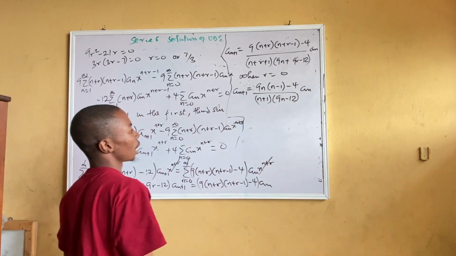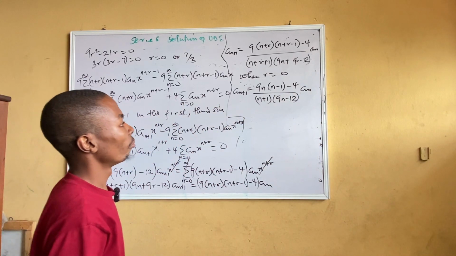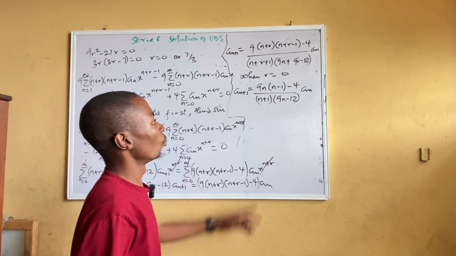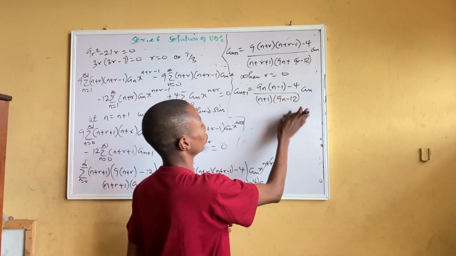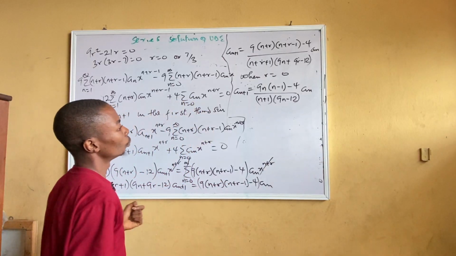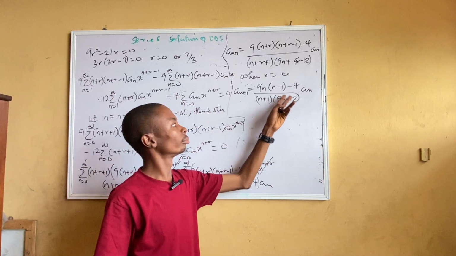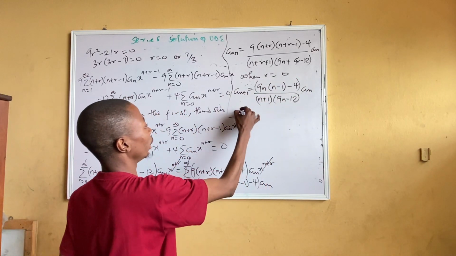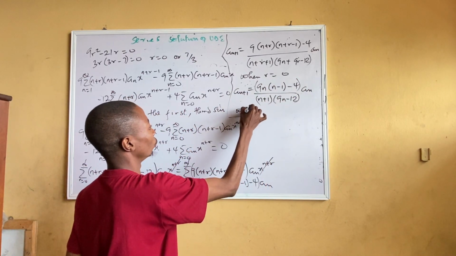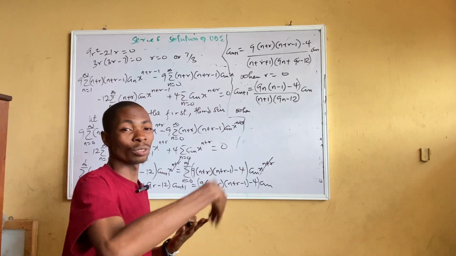So this is our n term. Is there anything we can do to this one? Well, if you want to factorize it further, that's not a problem. Now start writing your solution to get a1, a2, a3, a4.